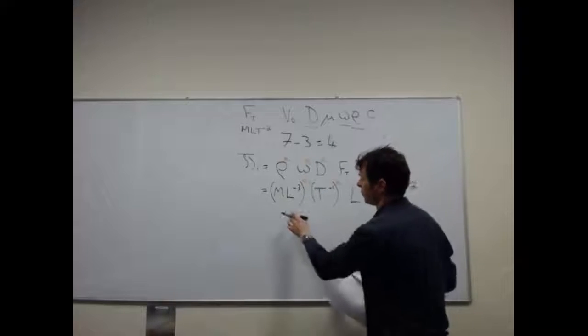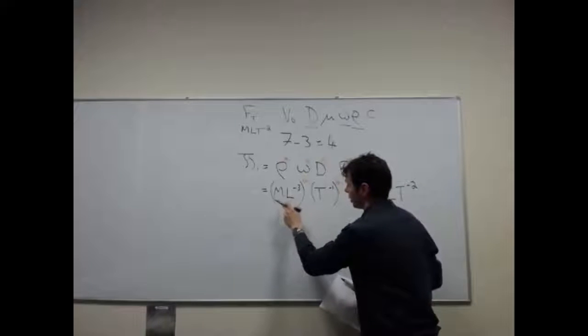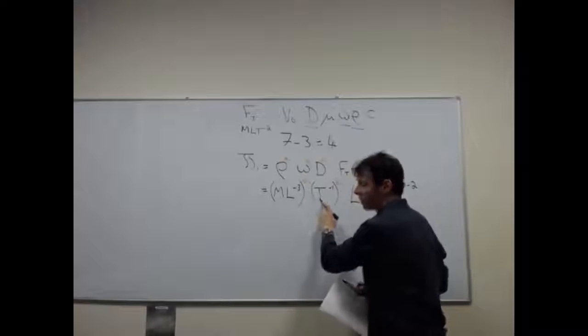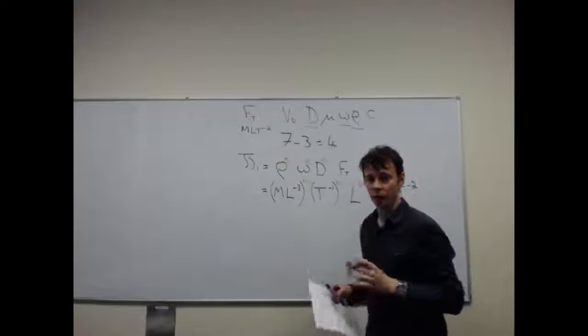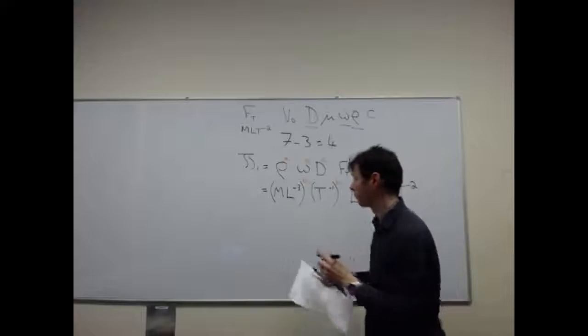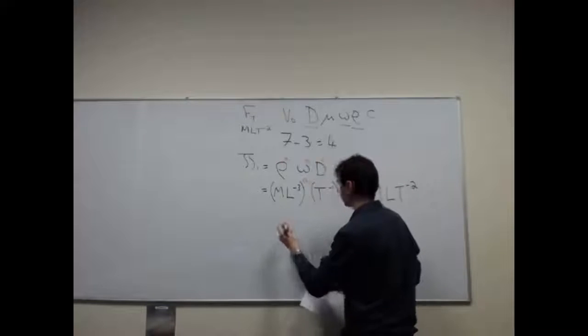What we're now going to do is equate each dimension in turn so that it's raised to the power of 0, so it's dimensionless effectively. I'll start with length.